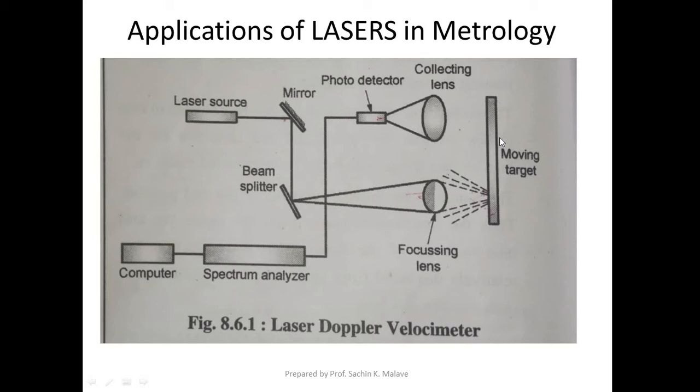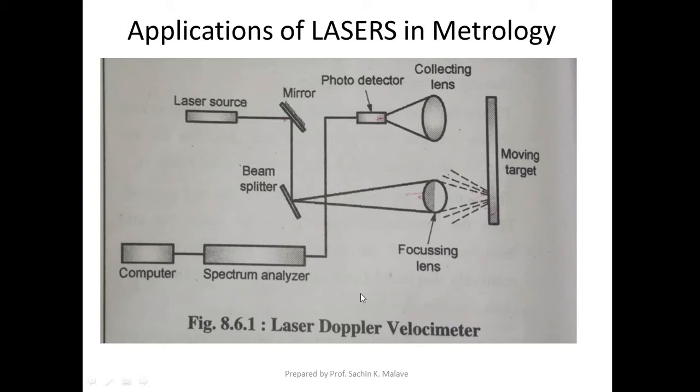The change in the frequency directly depends upon the velocity with which the object is moving, and the direction of the velocity of this object. So the velocity and direction both decide the change in the frequency of this laser beam.